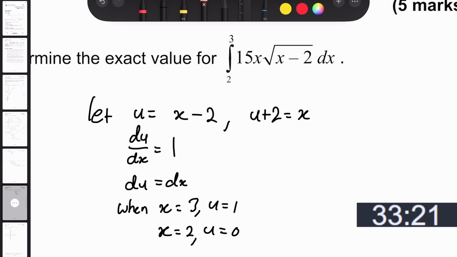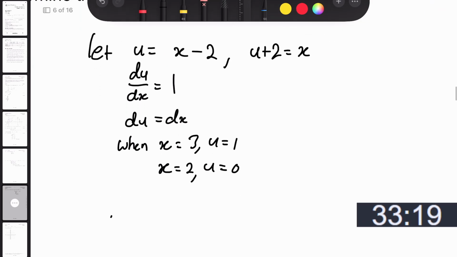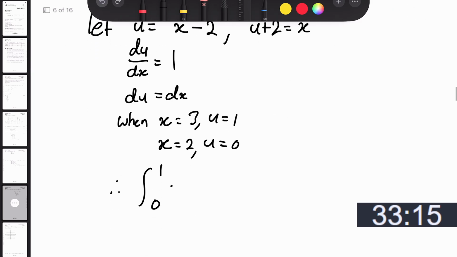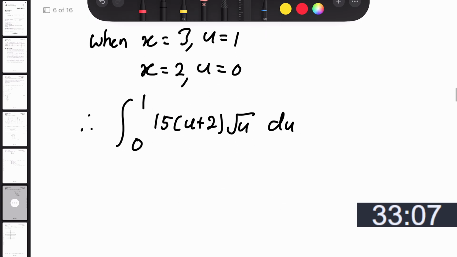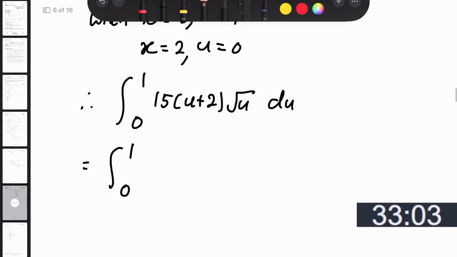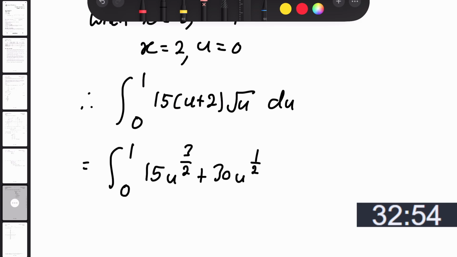And here we're going to have the integral from 1 to 0 of 15 of u plus 2 square root of u du. This looks a bit more manageable. 1 to 0. So this is 15u to the power of 3 on 2 plus 30 u to the half du.